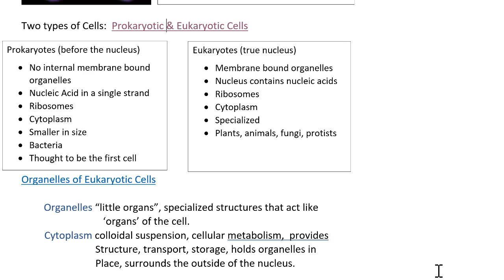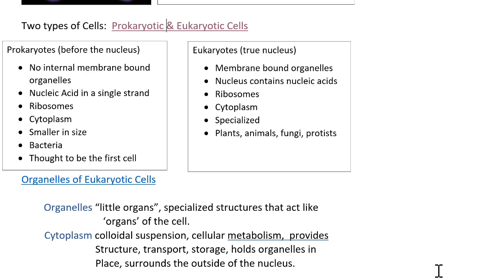Eukaryotic cells are specialized. That means they have a particular job. So we've got nerve cells that are eukaryotic, skin cells that are eukaryotic, muscle cells that are eukaryotic, digestive cells that are eukaryotic. So they are specialized cells that carry out a specific function or a job in order for that organism to survive.